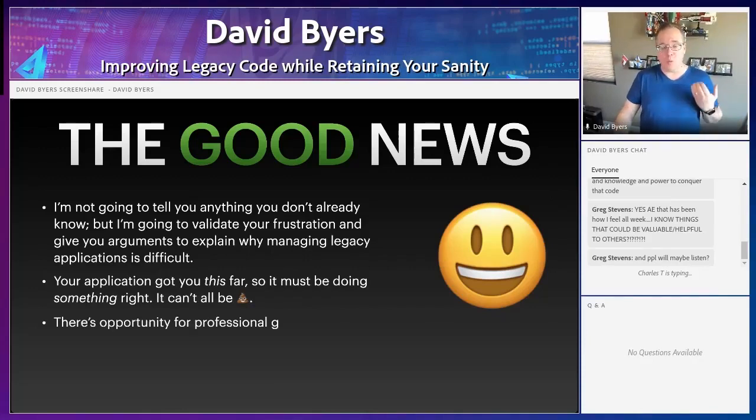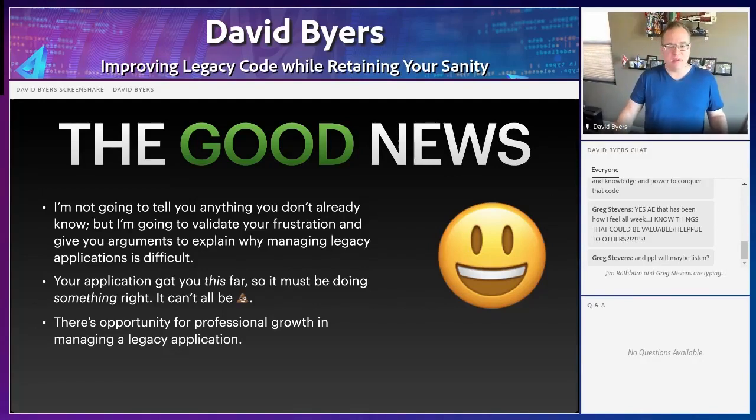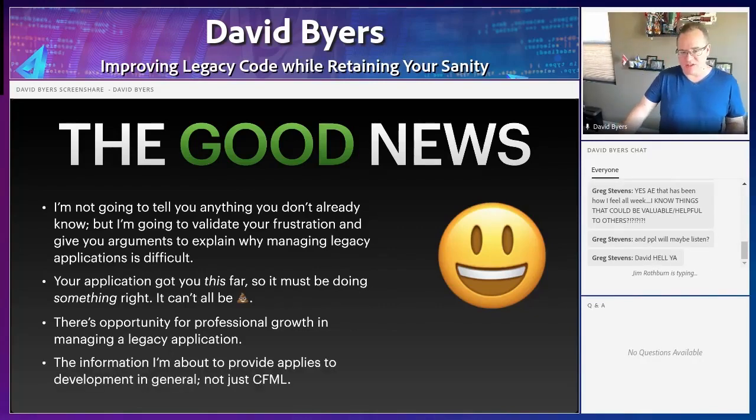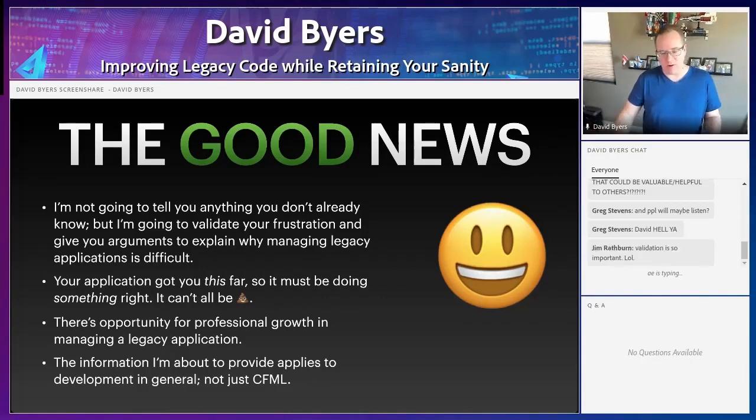Another great thing is that there's 100% opportunity for professional growth in maintaining a legacy application. You are going to learn better ways of coding by working on improving a legacy app. And finally, the information I'm about to provide applies to development in general. It's not just CFML. So this will apply to any coding that you're doing in pretty much any language.